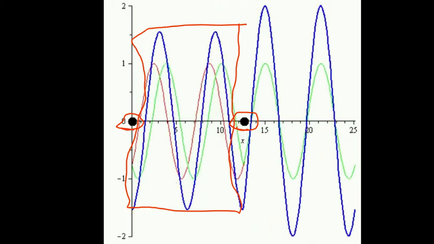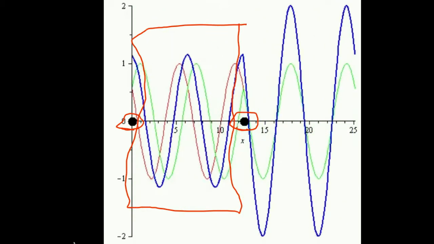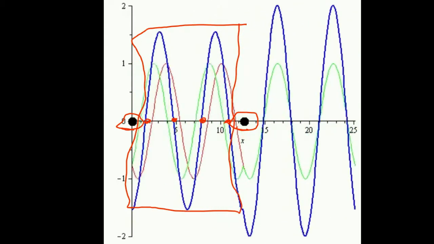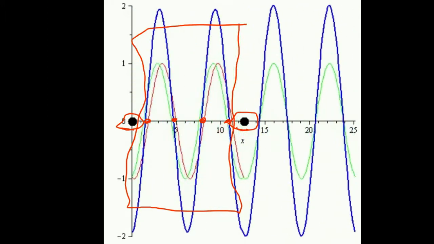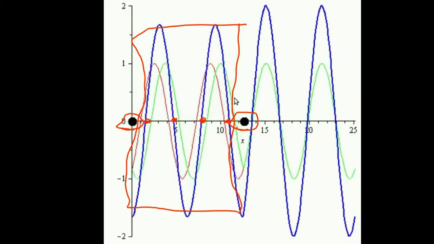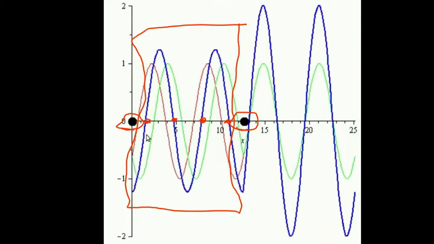You can recognize that as it goes, it's got nodes here and here and here and here. So you can see those nodes where the blue curve, which is the total wave, isn't moving at all, and antinodes halfway in between.